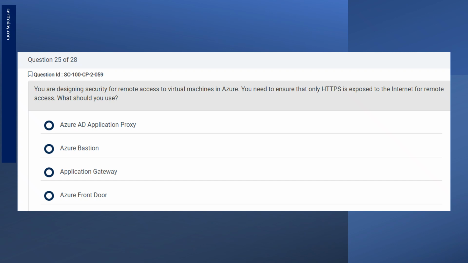Question 25. You are designing security for remote access to virtual machines in Azure. You need to ensure that only HTTPS is exposed to the internet for remote access. What should you use? A, Azure AD Application Proxy, B, Azure Bastion, C, Application Gateway, or D, Azure Front Door.